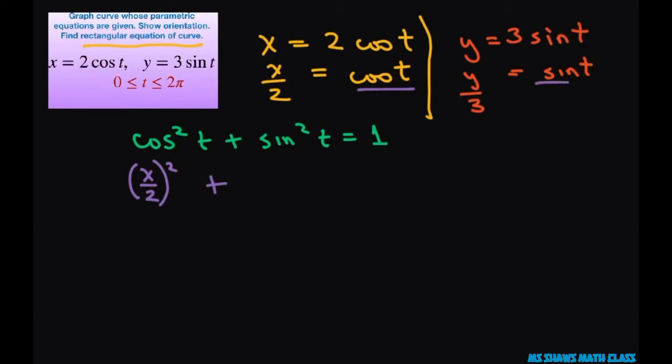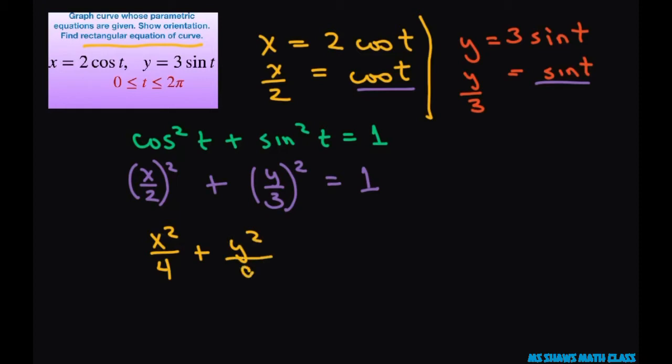And then sine of t is y divided by 3. You square it. That equals 1. Now, from here, this is going to be x squared divided by 4 plus y squared divided by 9 equals 1.